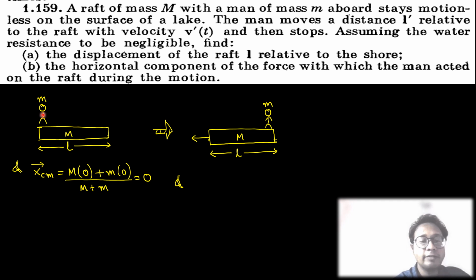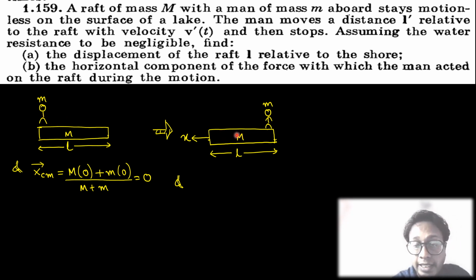So if this person crosses the plank, what is the displacement of this plank in the leftward direction? Let the displacement of this plank in the leftward direction be x. Not L, x. If you use L, it will be very disturbing. Now see, this person moved the distance L rightward, no?